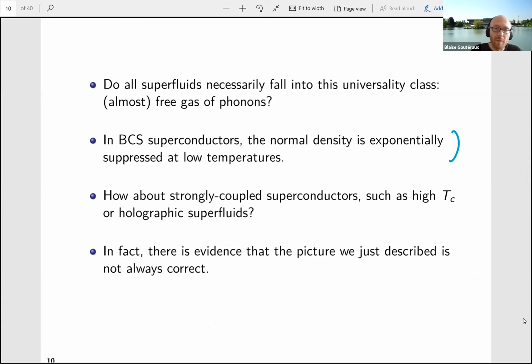You might want to go beyond BCS superconductors and see what happens in strongly coupled superconductors, such as high Tc or holographic superfluids. The reason I'm mentioning high Tc superconductors is that people know that these are not just conventional BCS superconductors. And in fact, there's evidence that the picture we just described is not always correct, both from high Tc superconductors and holographic superfluids. So let me describe these two things in turn.